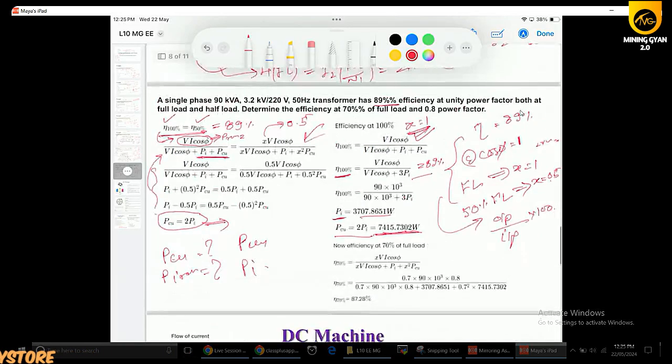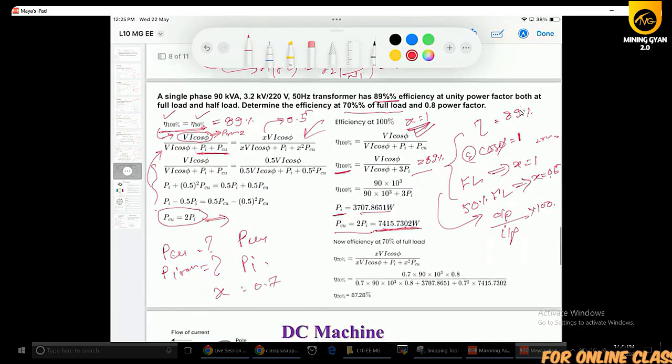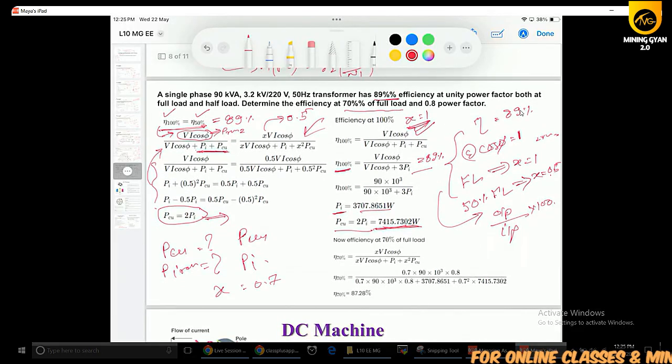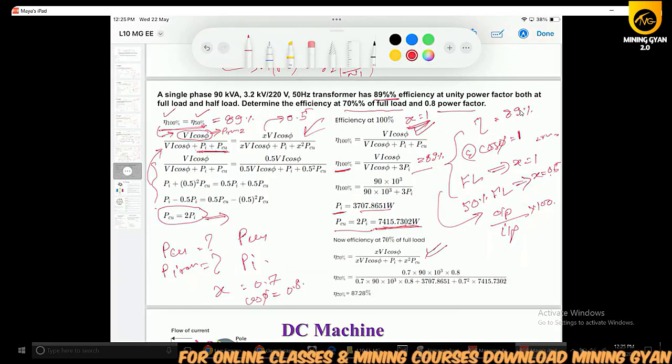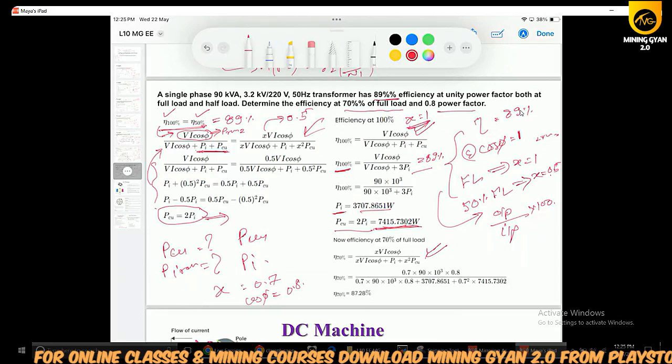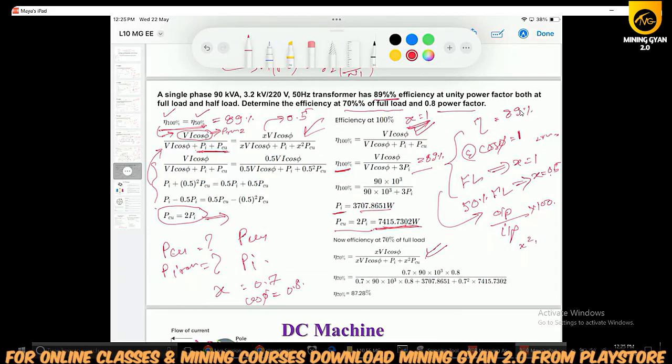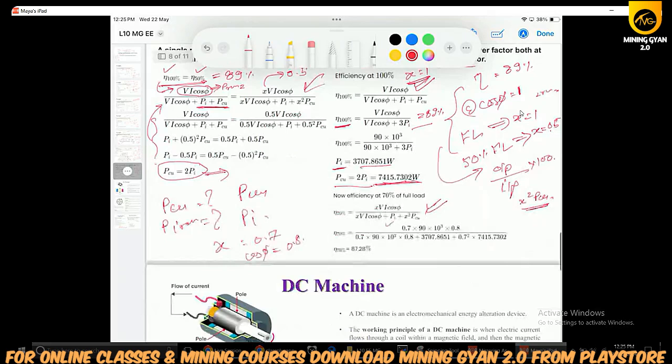Now at 70% of the full load condition, x is 0.7, and the power factor cos phi is 0.8. Then how much is the efficiency we have to calculate? So use the same equation: x V2 I2 cos phi divided by x V2 I2 cos phi plus Pi plus x square times Pcu. Already you got these values, Pi and Pcu, from the full load conditions.